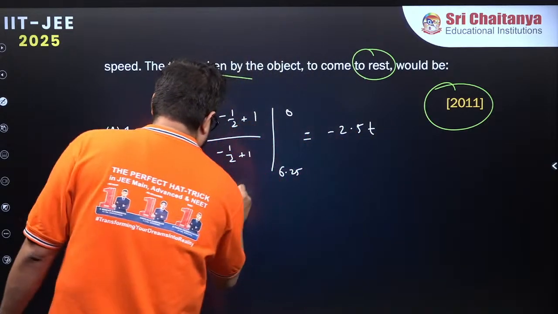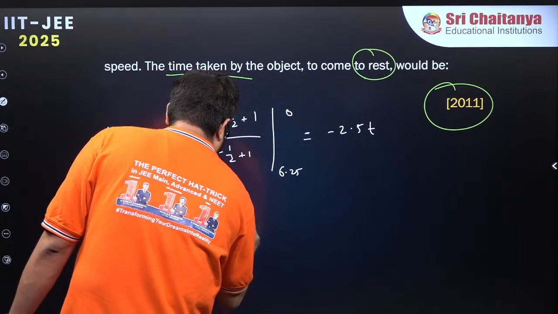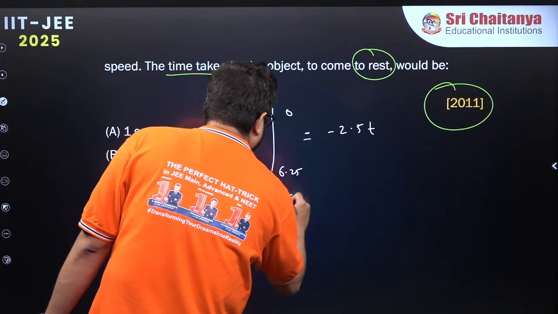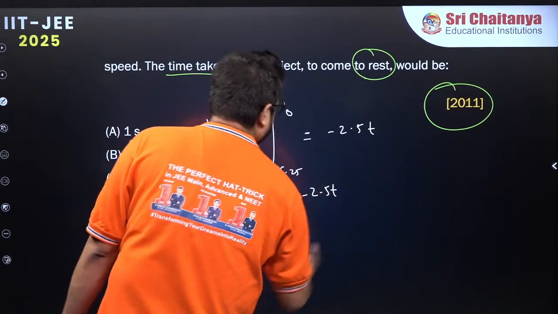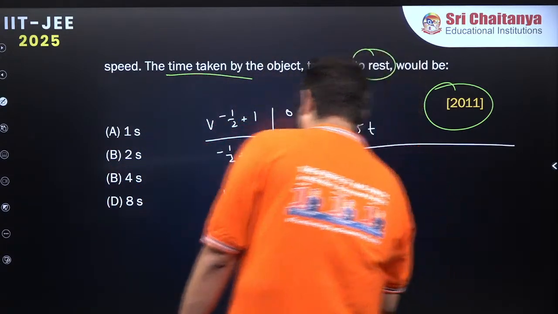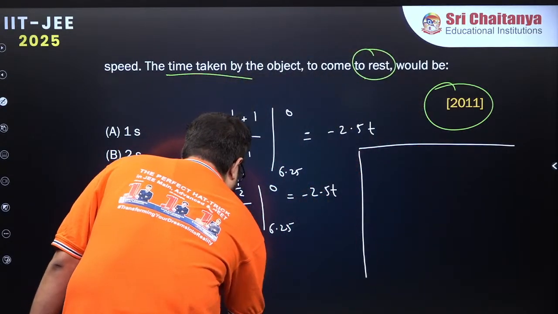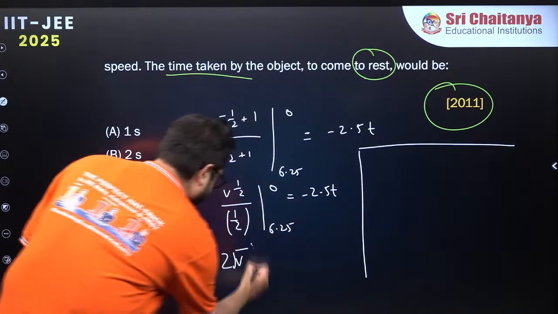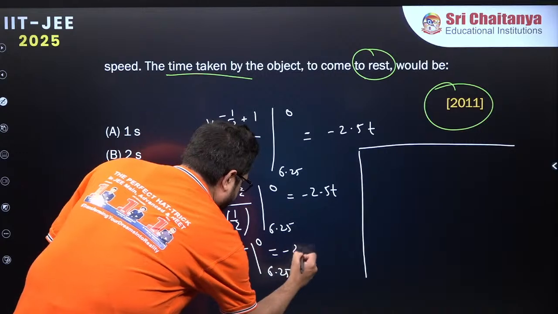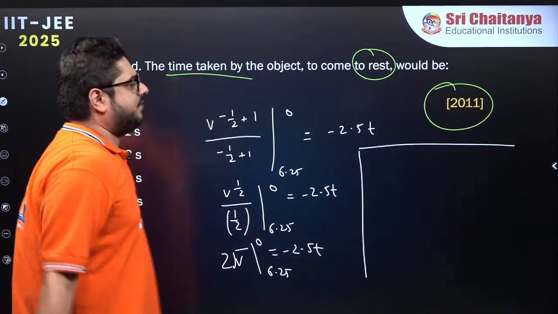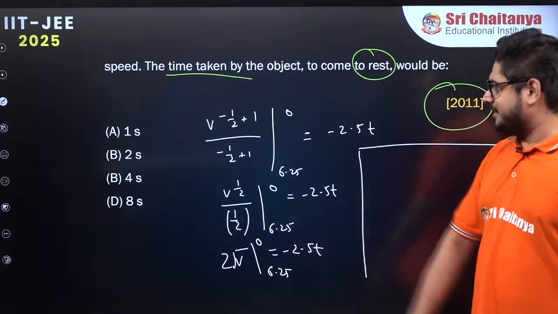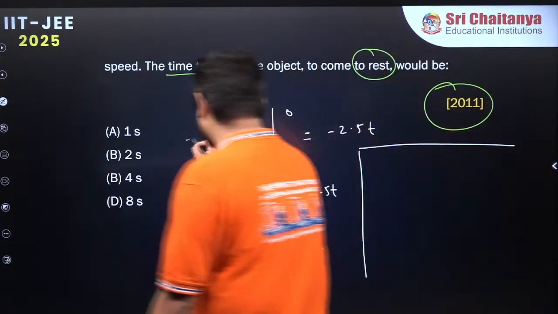So this becomes v to the power half, this is also half. Limit 6.25 to 0 is equal to minus of 2.5t. So let's try to put the value over there. It becomes 2 square root of v, isn't it? This is what I will be getting. Limits 6.25 to 0 is minus of 2.5 into t. This is the next step involved.